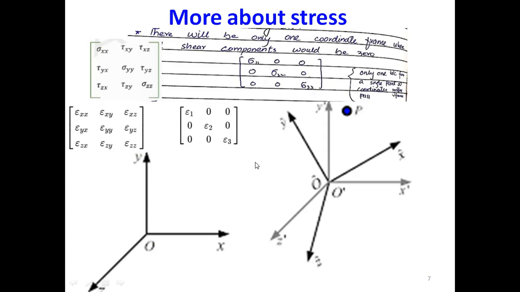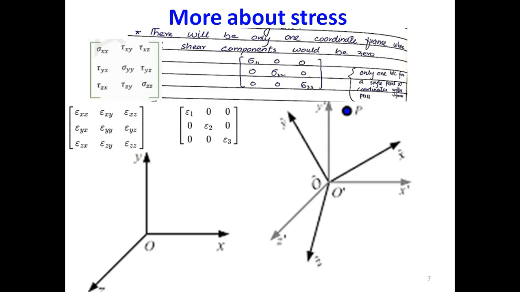When we are analyzing or working with stress, it is very important that we know the principal stresses, because as I told you, the principal stress would be the maximum stress. So normally when we are designing mechanical components, we have to design for the maximum stress. So we should know that maximum stress.